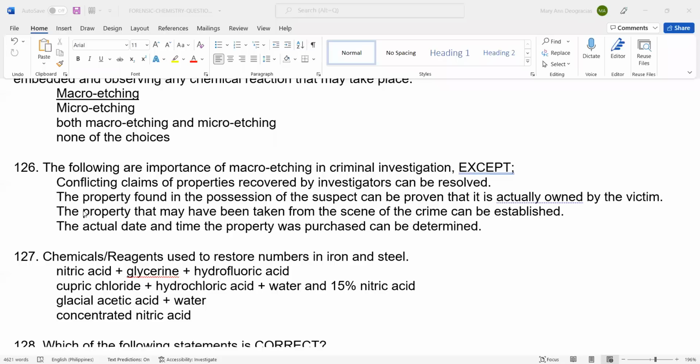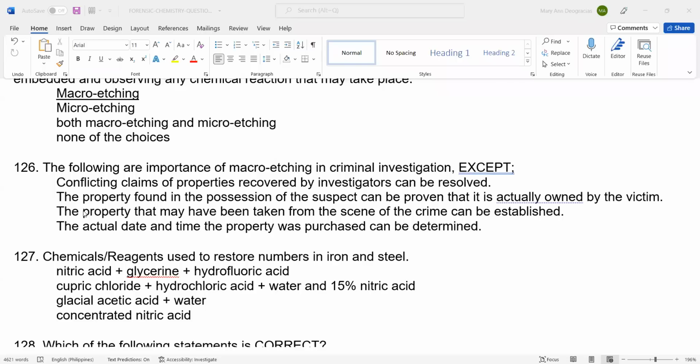Conflicting claims of properties recovered by investigators can be resolved. Pwede bang ma-resolve ng macro etching yung number 1? Yes or no? Okay. Is it correct or not? Then letter B. The property found in the possession of the suspect can be proven that it is actually owned by the victim. Okay, letter C. The property that may have been taken from the scene of the crime can be established.